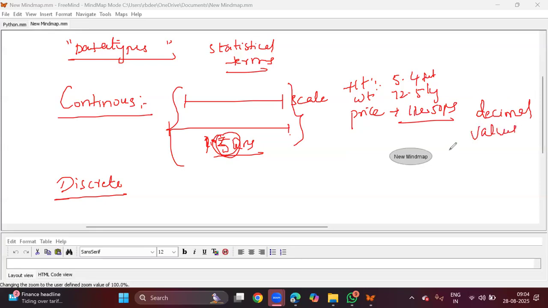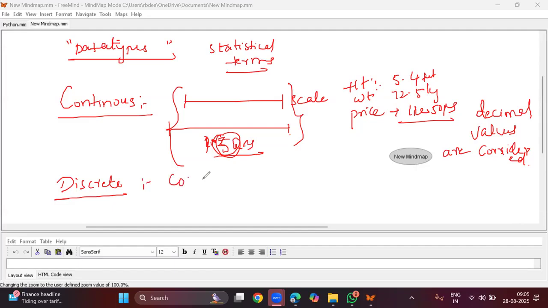Decimal values are considered. I cannot ignore them, correct? Decimal values should not be ignored. Okay, so that is continuous.